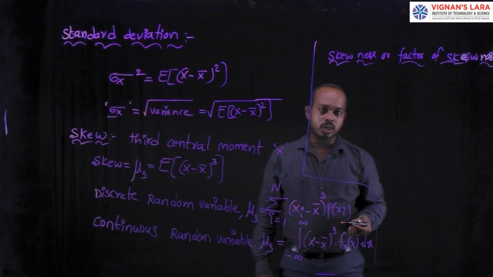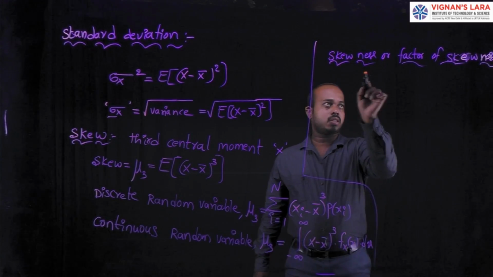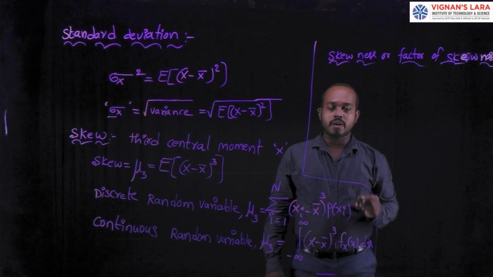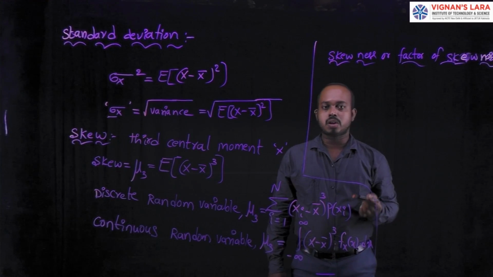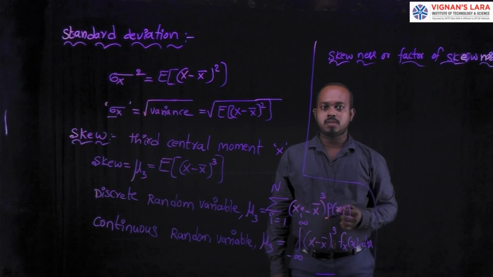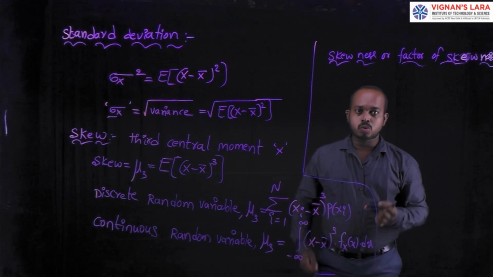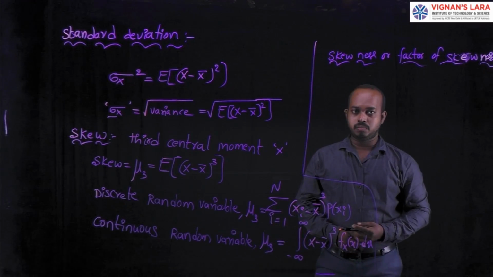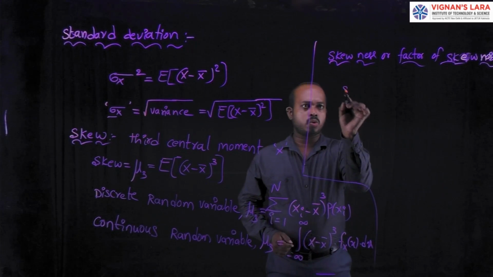I am repeating once again. The skewness, or factor of skewness, is defined as the ratio of the third central moment of a random variable x and the cube of standard deviation. Here I am writing the skewness.